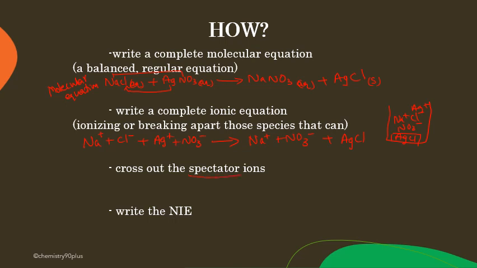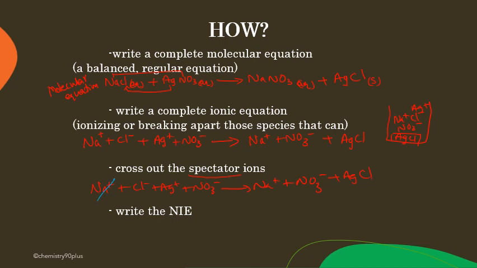Spectator ions are the ions that appear on both sides of the arrow. I can see the sodium ions are the same on both sides, and NO3 ions are the same on both sides. So we just cross those out.